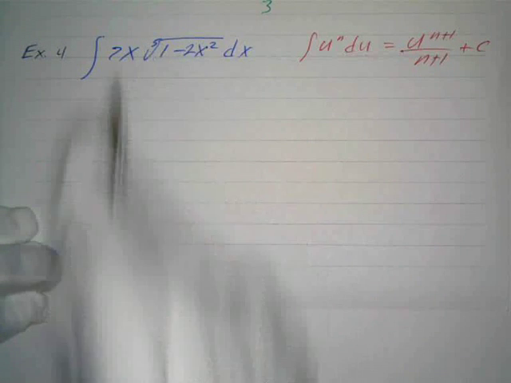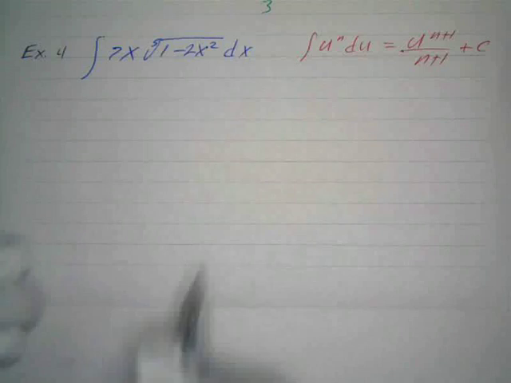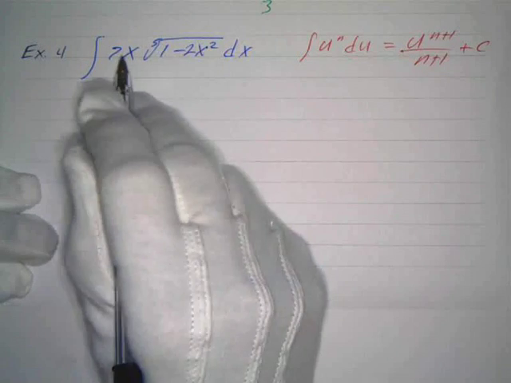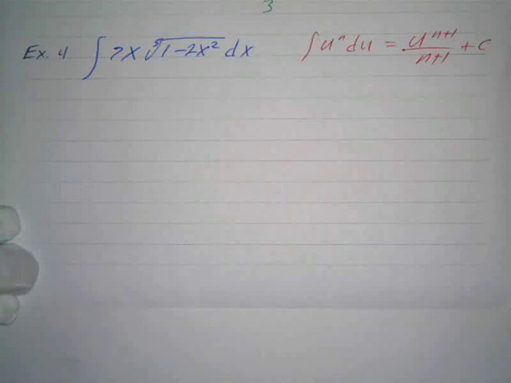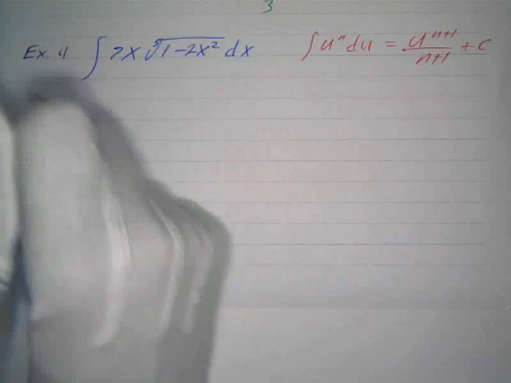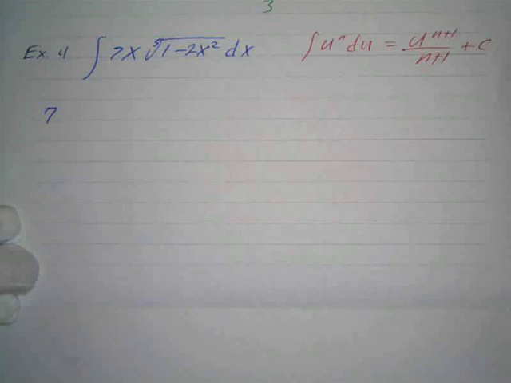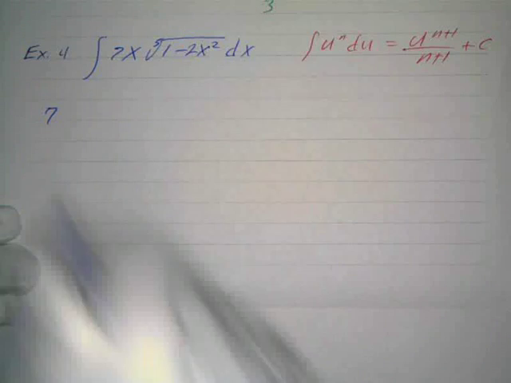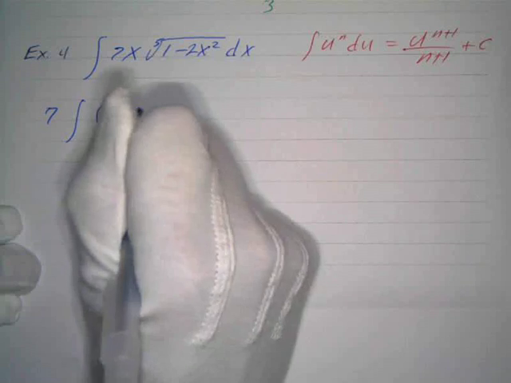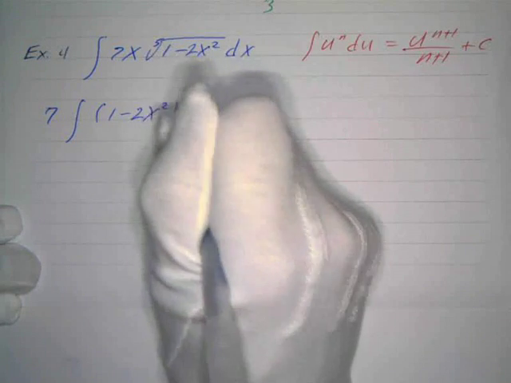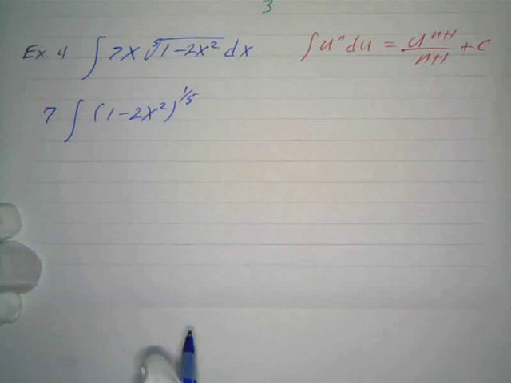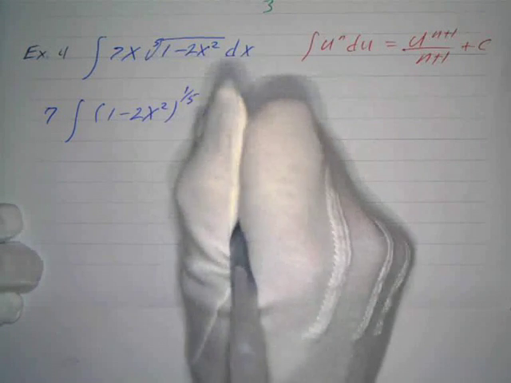So we're going to rewrite this in exponential form, and I'll take the constant out and put it in front, because it would cause some problems here. So that's 1 minus 2x squared, and the fifth root would be the 1/5 power, and then the x and dx.